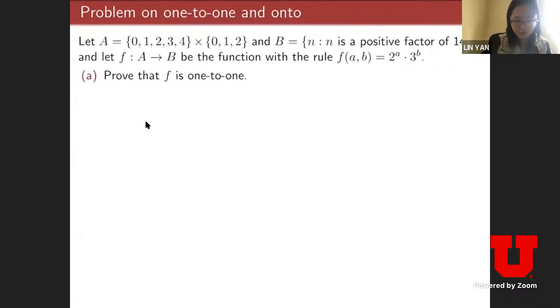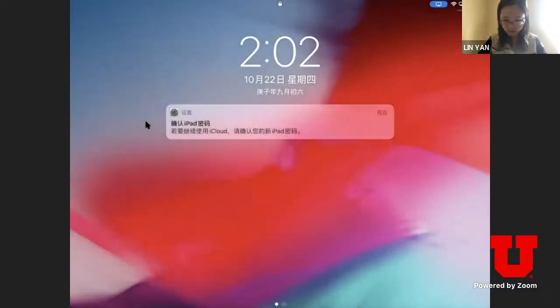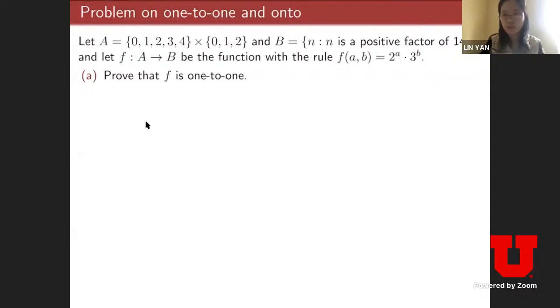Okay, first, we need to show this function is one-to-one. If we want to show a function is one-to-one, we need to prove that if two function values are equal, then the two inputs should be equal.